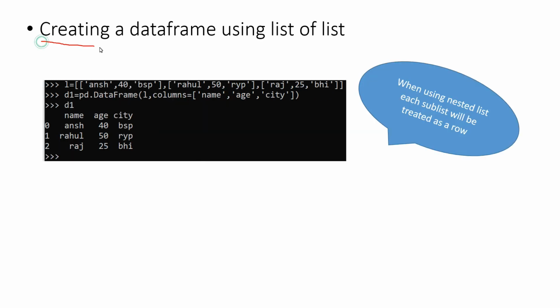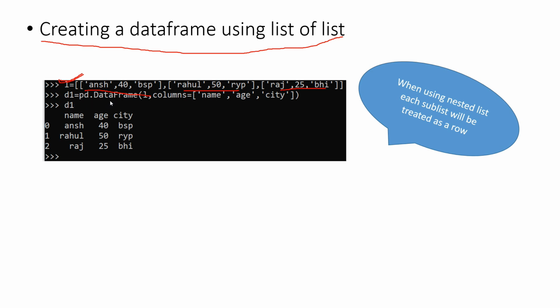Now next is creating a data frame using a list of lists. That means here we are going to use a nested list. Here I have created a list with the name L. This is the first sublist, the second sublist, and the third sublist. Is that clear?